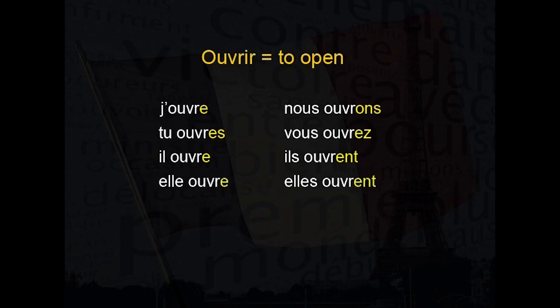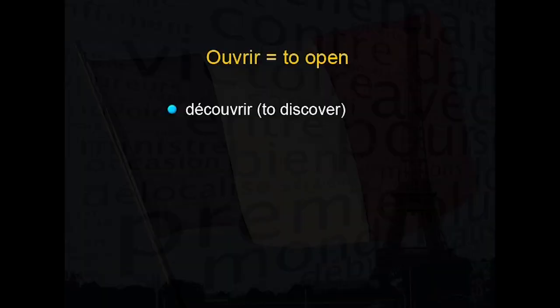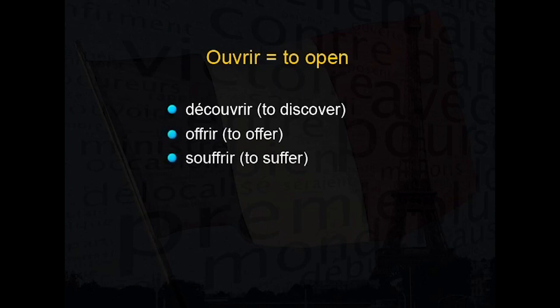As you can see, the endings that are highlighted are the endings that correspond to the first group verbs. This same rule applies to a number of irregular IR ending verbs, such as découvrir, which means to discover, offrir, which means to offer, and souffrir, which means to suffer.